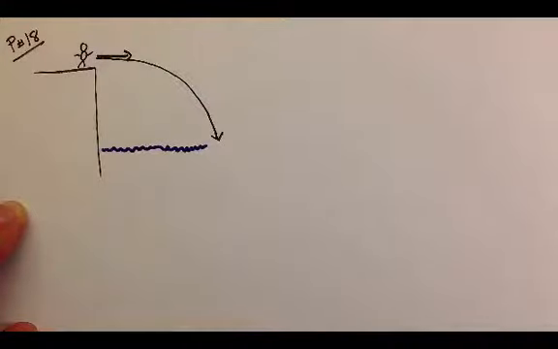Turns out that is a parabolic path, but you're going to read all about that. And it takes 3 seconds for the diver to hit the surface of the water. We want to know, one, how high up is the cliff that the diver jumped off of, and how far over will the diver land.